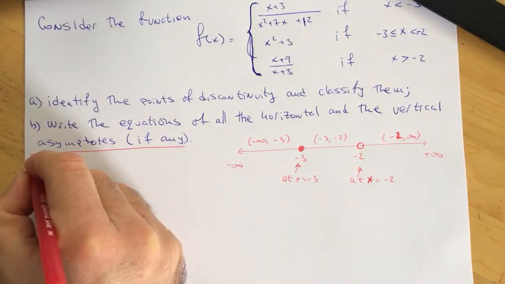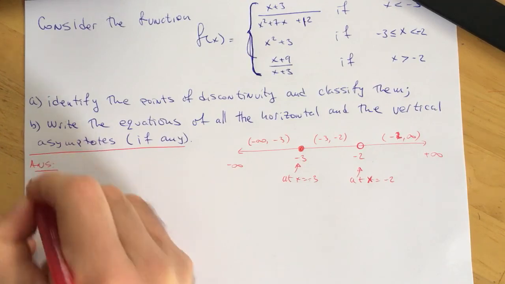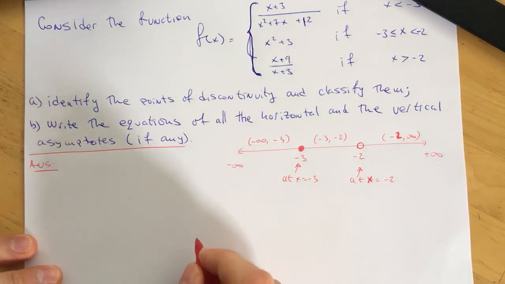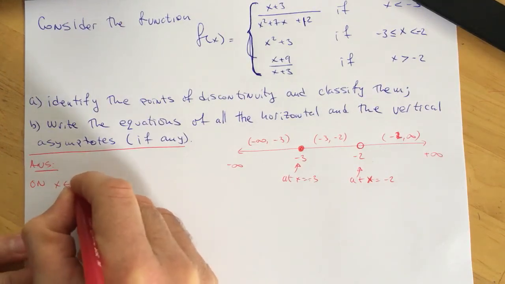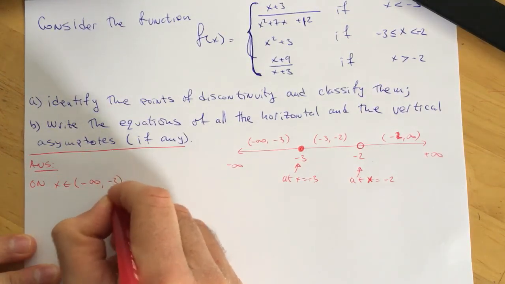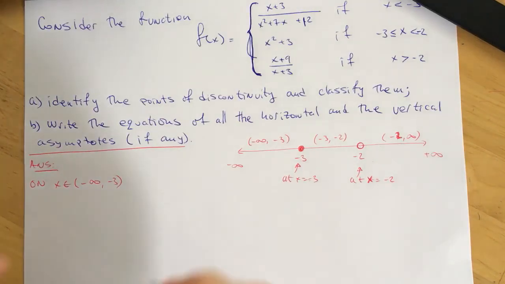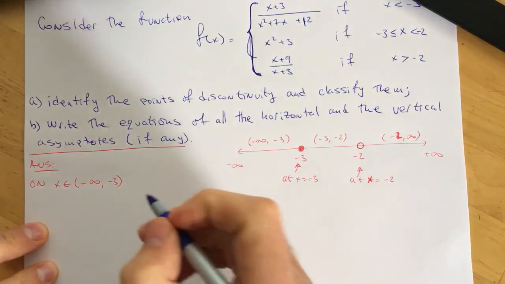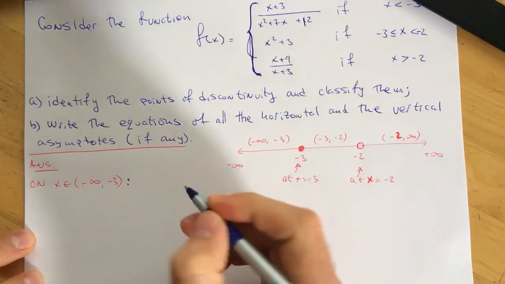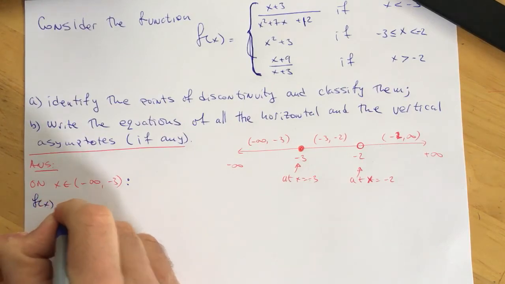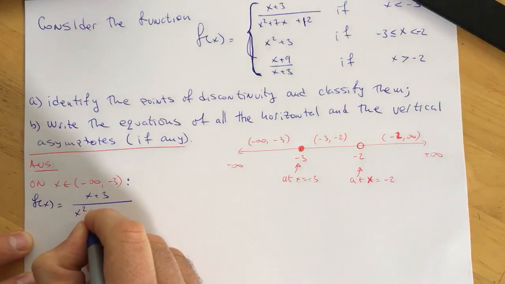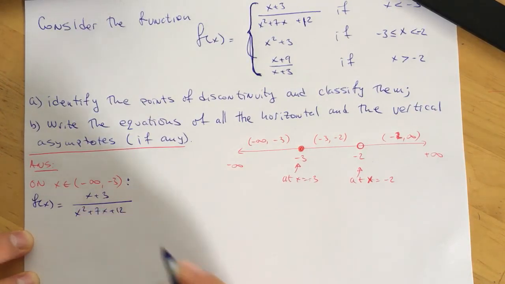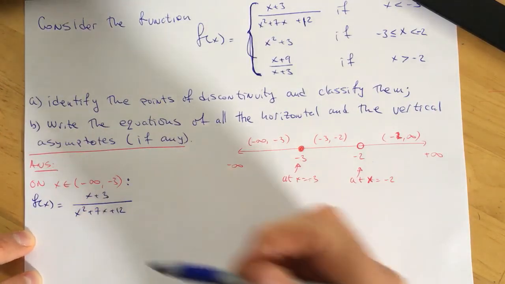So, answer. First of all, on the interval from negative infinity to negative 3, the function f(x) is defined as (x + 3)/(x² + 7x + 12). So this is a rational function, a polynomial over a polynomial.